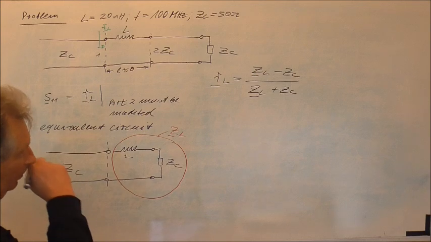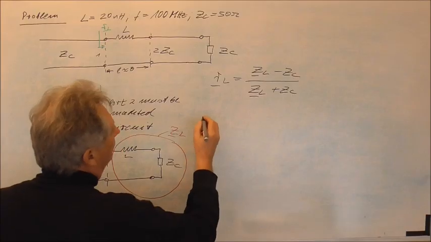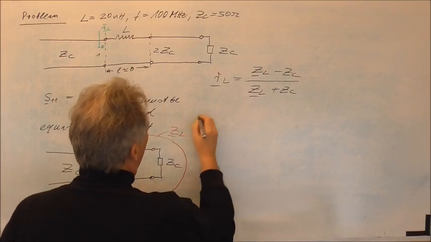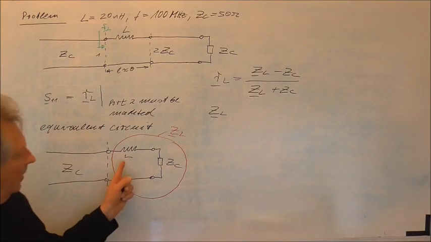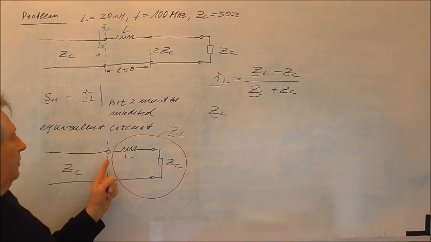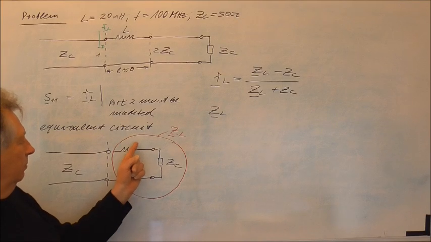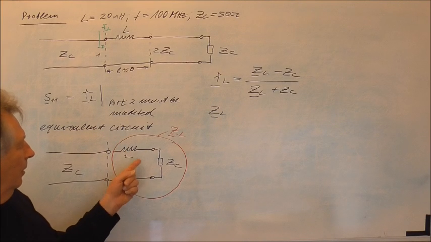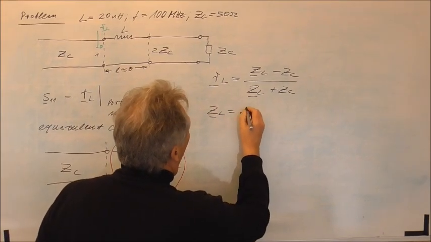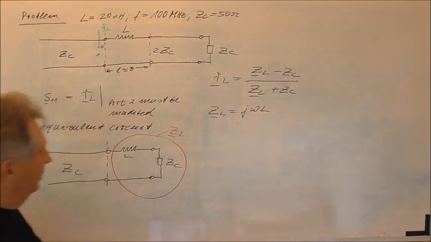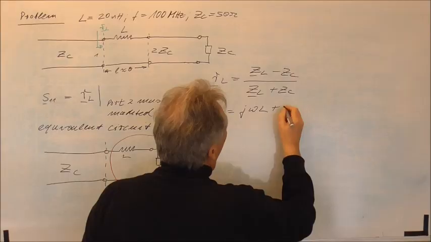So, the only thing you have to think of now is to write the equation for ZL, and you see here that ZL is just the series connection of the impedance of L, which is J omega L, this is the impedance of our inductance, plus ZC.